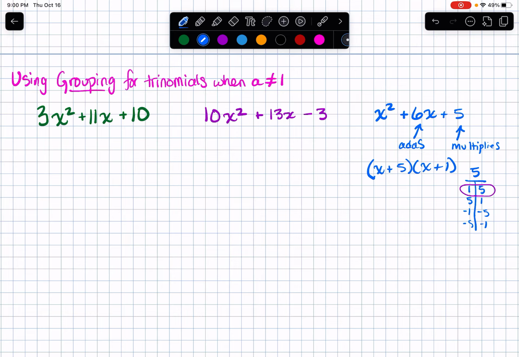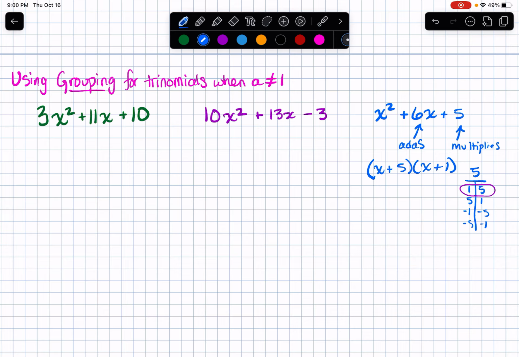So when I do not have an a value, I can just think what multiplies to my constant term. However, when we have an a value like 3 or 10 in the front, it's not so simple because that's going to affect how everything combines when it's distributed or factored.